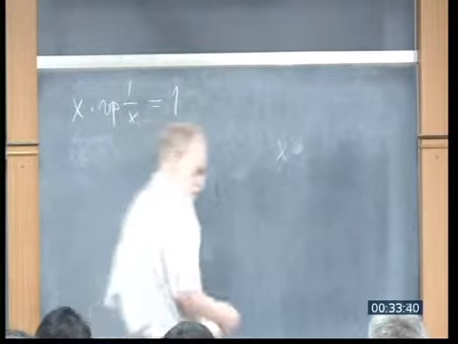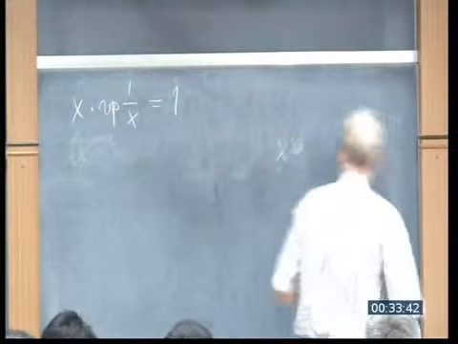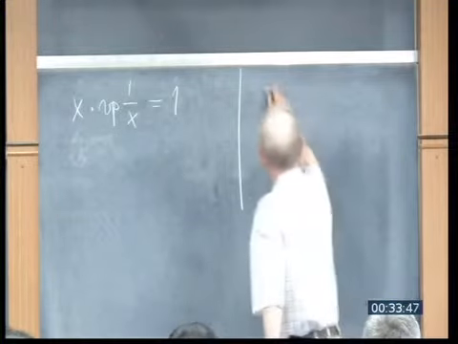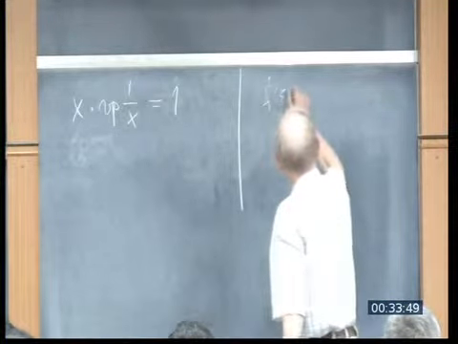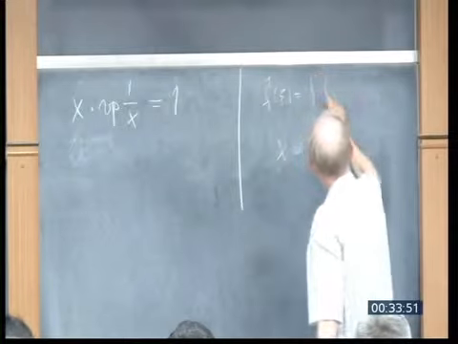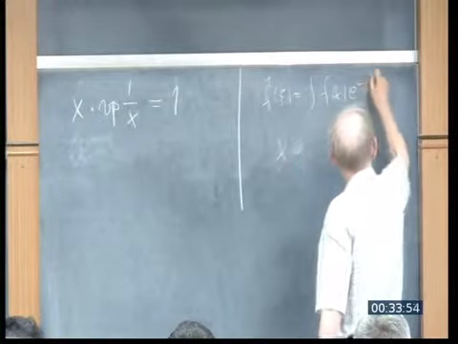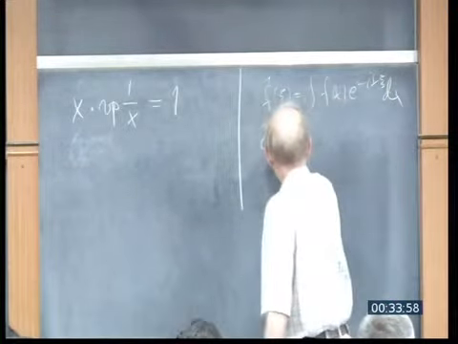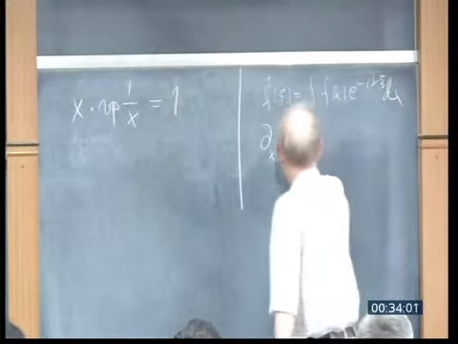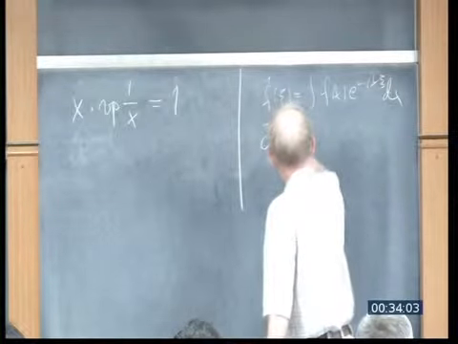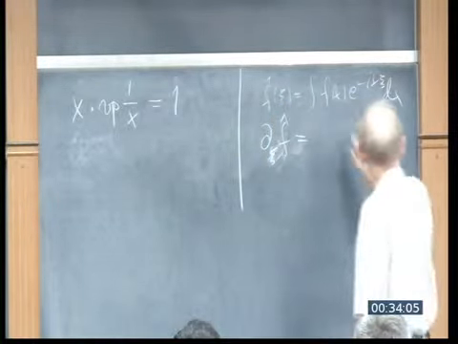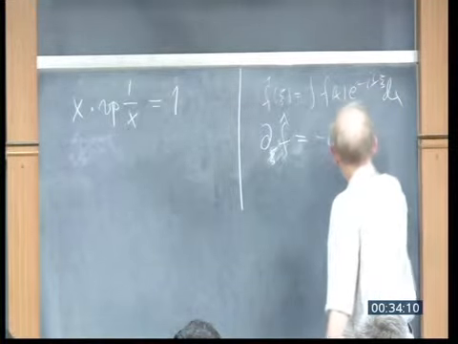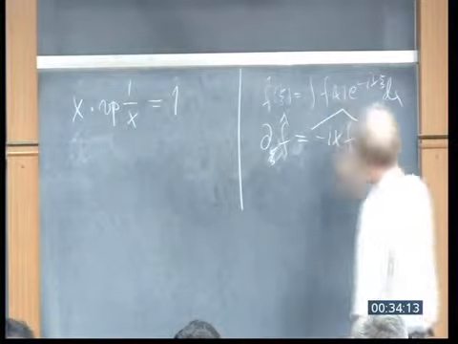And then you use the formula. Remember this, because if you write down the definition of the Fourier transform, you see that the derivative with respect to c of f hat is the same as the Fourier transform of minus i x f.